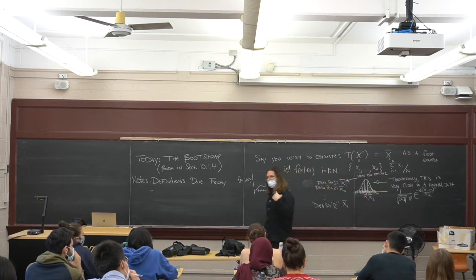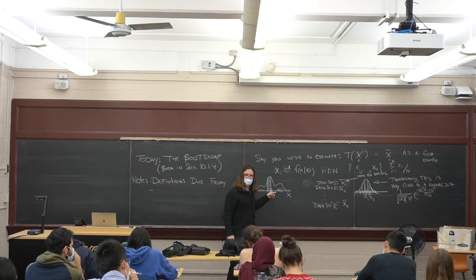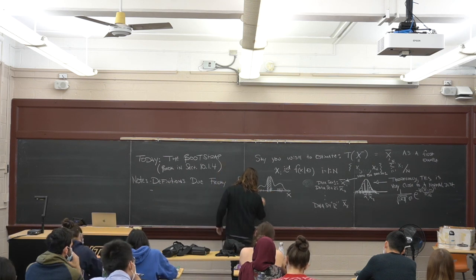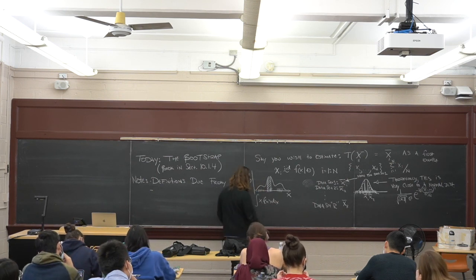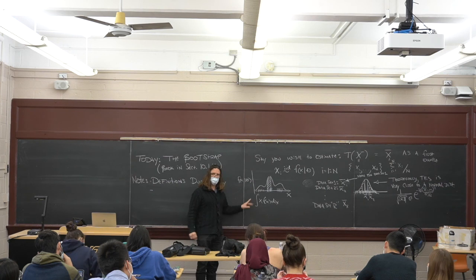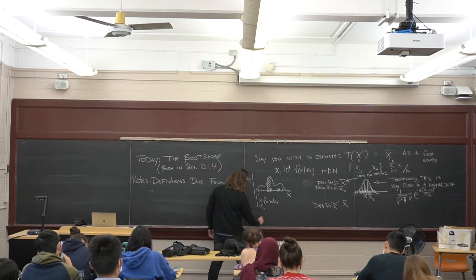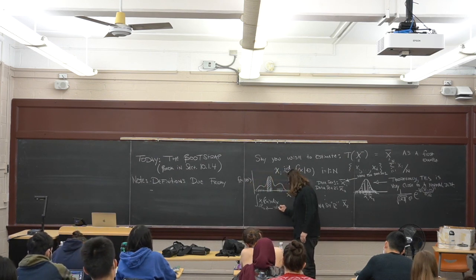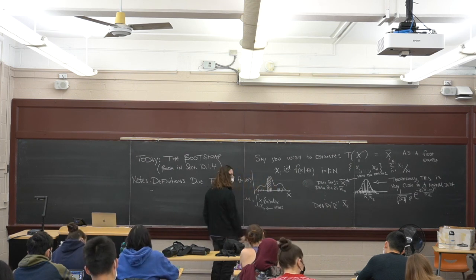It's the true mean. If I go back to my original distribution, it's the true mean of this distribution. So if I compute the integral of x f of x dx, where I integrate over the whole space of x, which I'll denote omega x, that's my whole space. This will be mu.